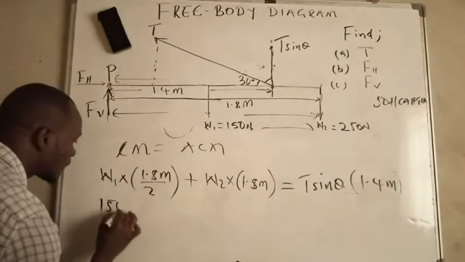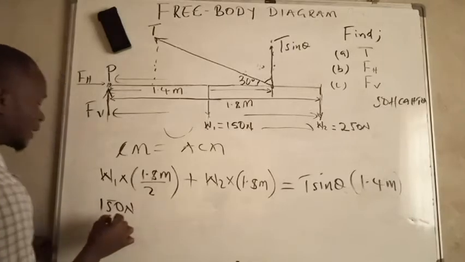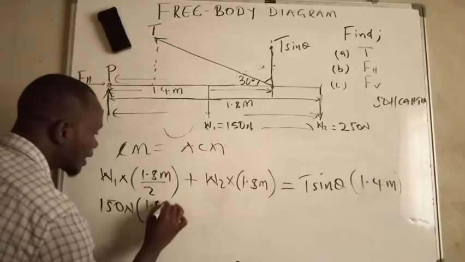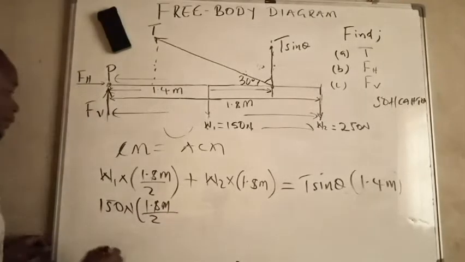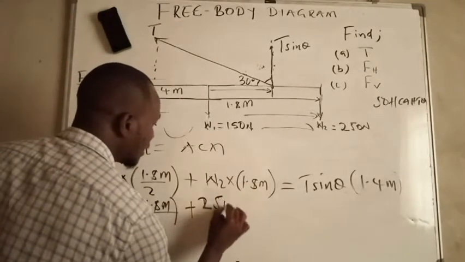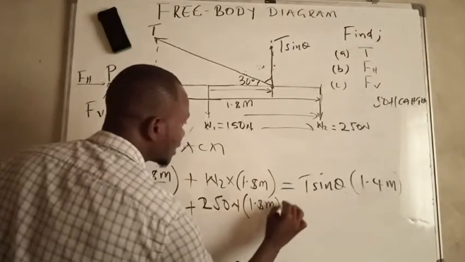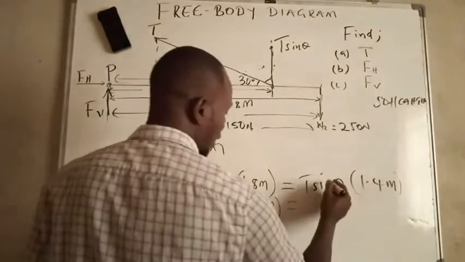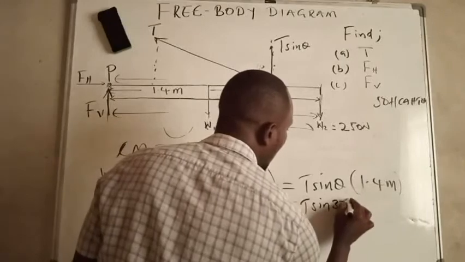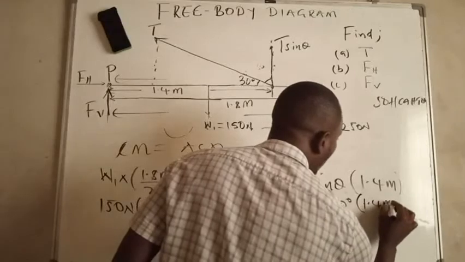We have 150 for weight 1, which is the weight of the beam, times 1.8 meters over 2, plus the weight 2, which is 250 newtons, times 1.8 meters, is equal to T sine 30 degrees times 1.4 meters.